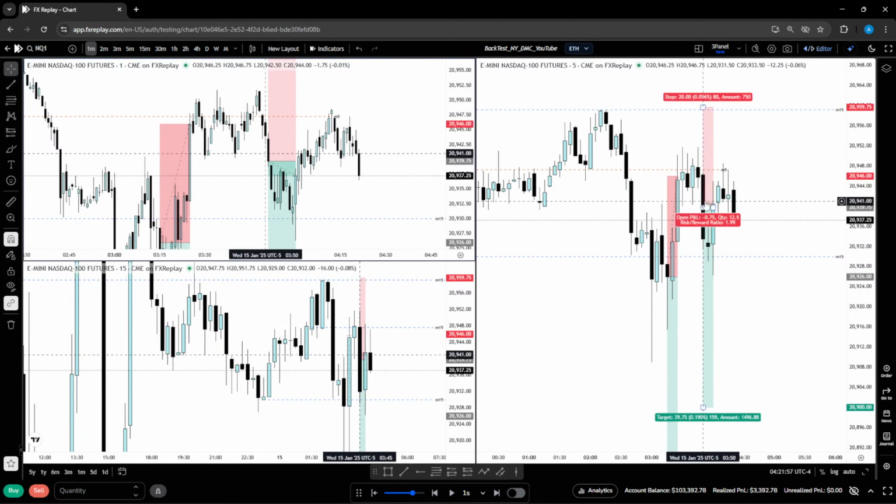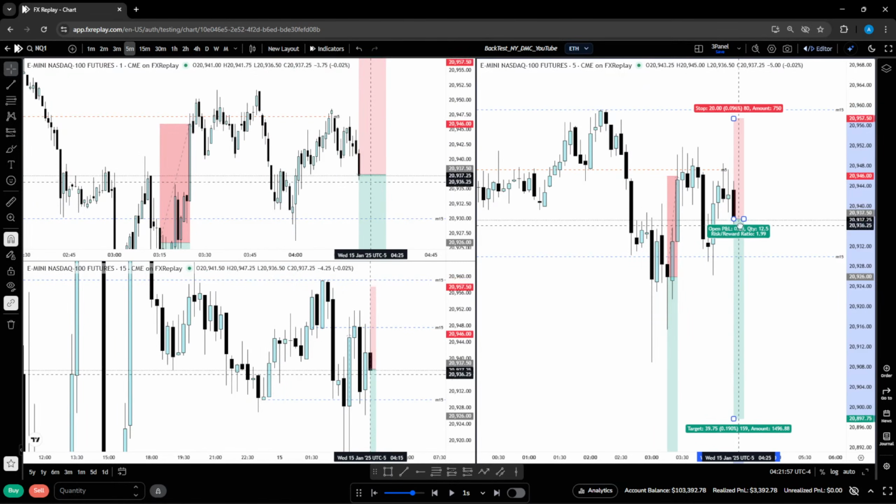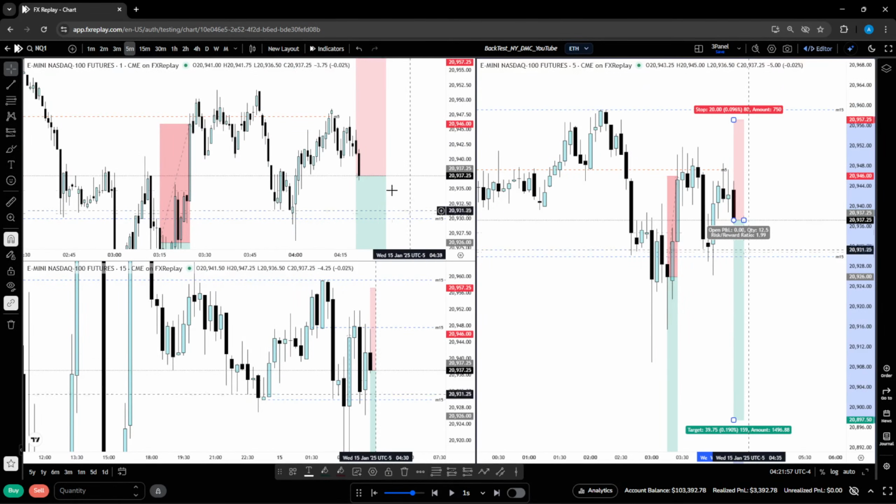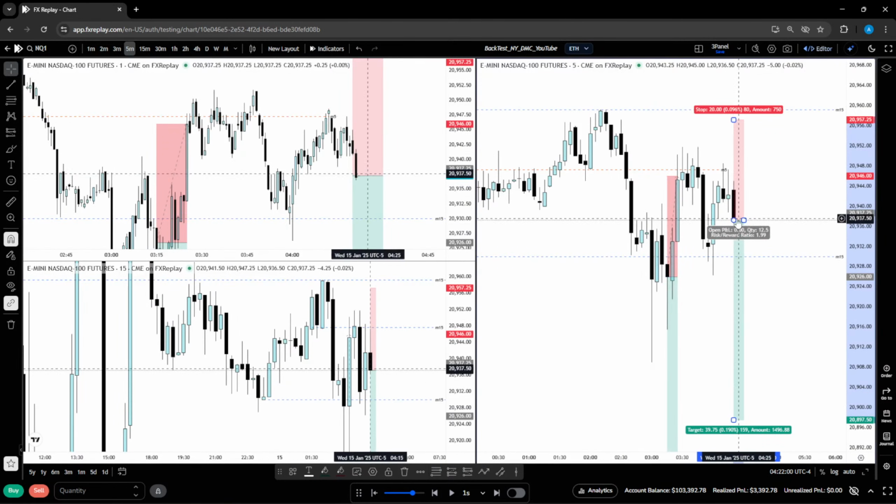It was another attempt that failed, so we could go after this candle closes. Yeah, we could go here. Try for the last one.